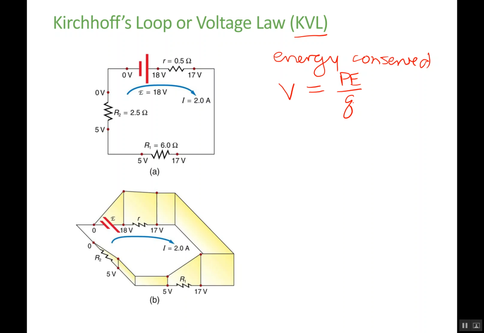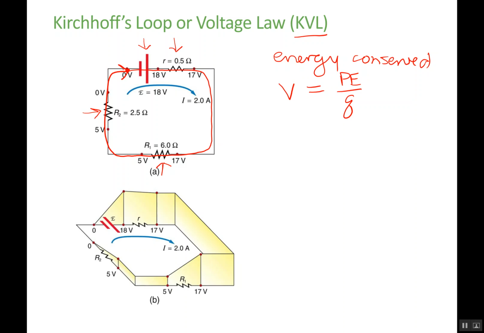In practice, what this means is that if you go around a circuit like the one shown here and complete one loop, you encounter a battery, then a resistor, then another resistor, and finally a third resistor, and then you end up back where you began.